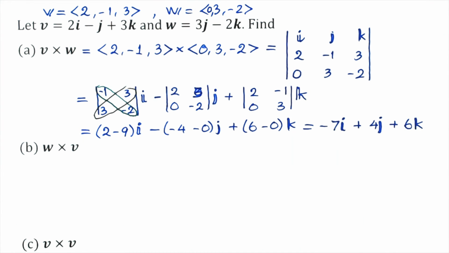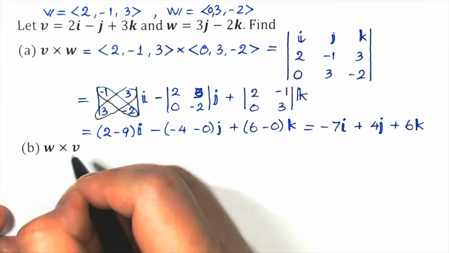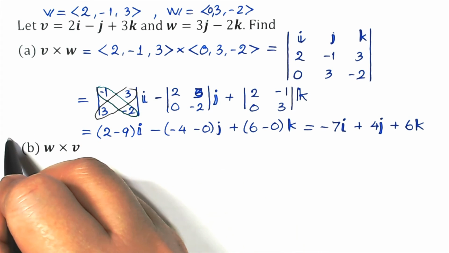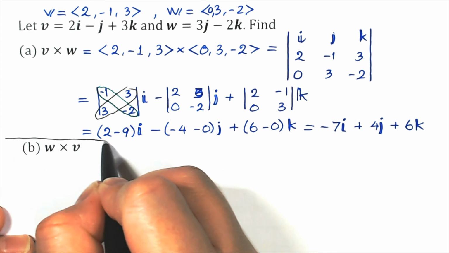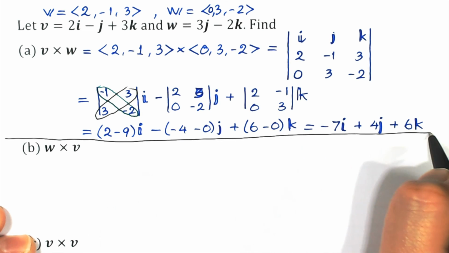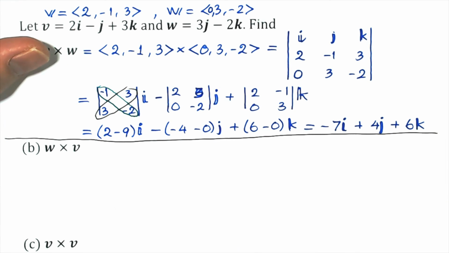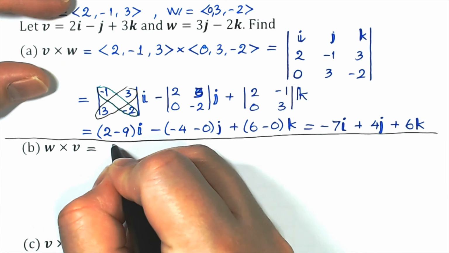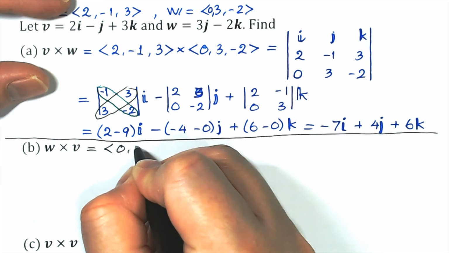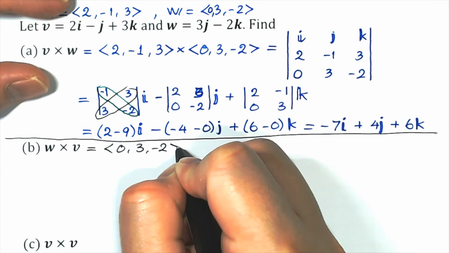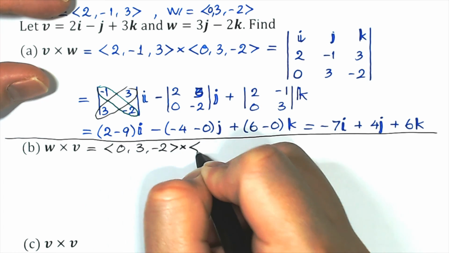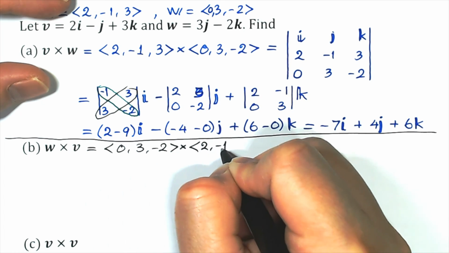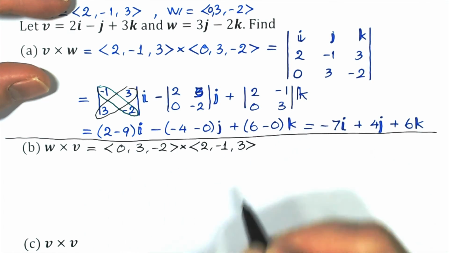Now we do the opposite direction, w cross v. I'm going to change the color. Now we do w cross v. The vector w is 0, 3, and negative 2, cross with 2, negative 1, and 3.